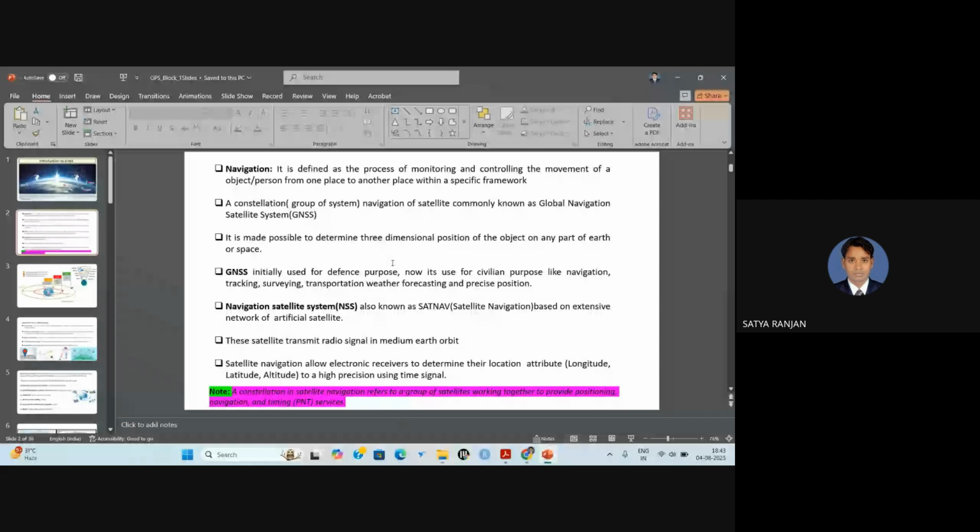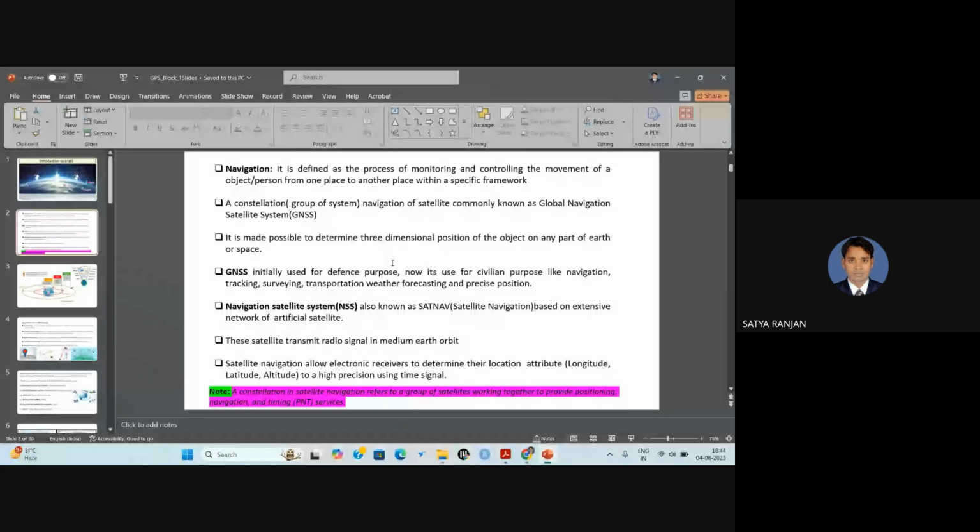And then navigation satellite system is satellite navigation based on the extensive network of satellites. Then radio signal in medium Earth orbit. So there are three orbits: lower Earth orbit, medium Earth orbit, then geosynchronous orbit. So ये जो आपका जीपीएस सैटेलाइट्स है ये मीडियम अर्थ ऑर्बिट्स में प्लेस होता है.